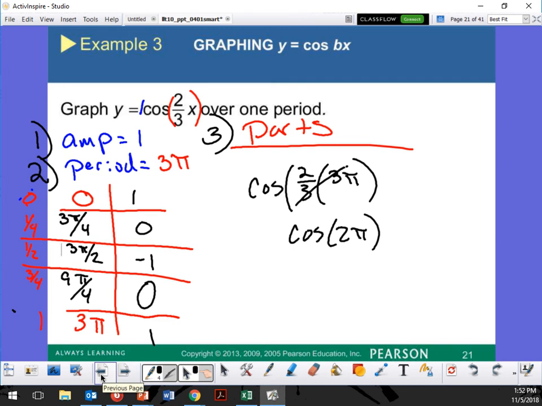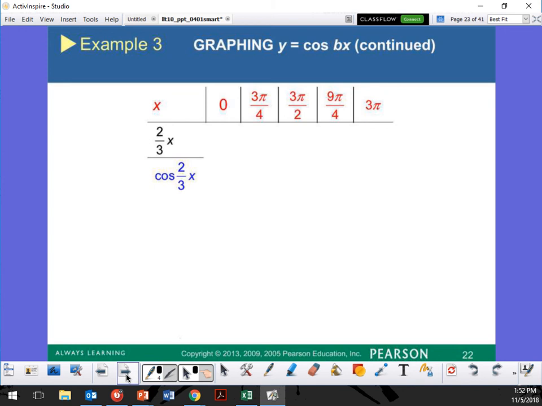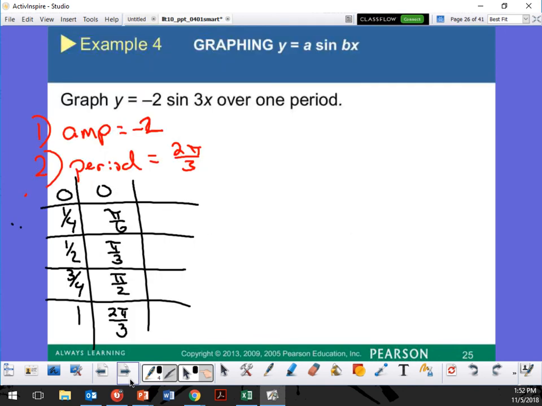So it would only go up 1 and go down 1. But here, wouldn't it go to a negative 2? Yeah. All right, so now let's plug in right here.